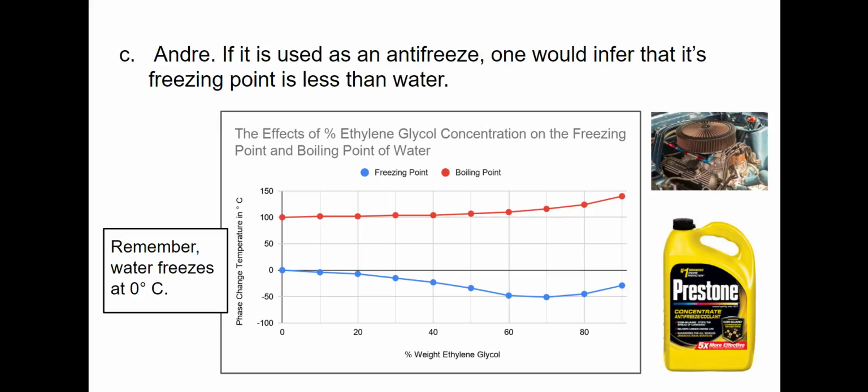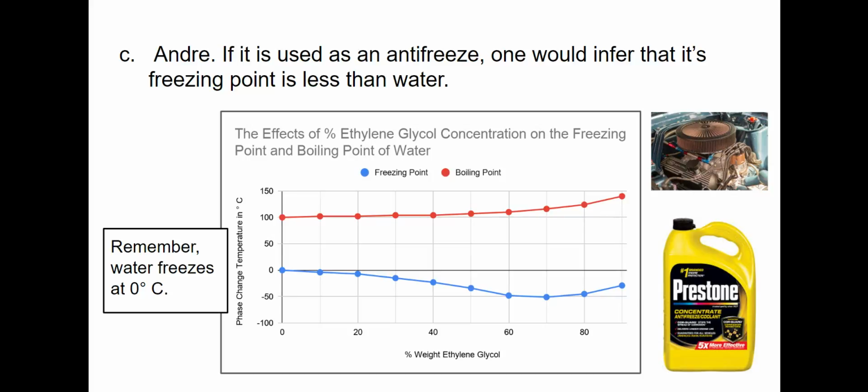C. Andre. If it is used as an antifreeze, one would infer that its freezing point is less than water. There's a couple things to consider here. Antifreeze is a chemical that is put in the radiators of combustion engines to help keep the engine cool.